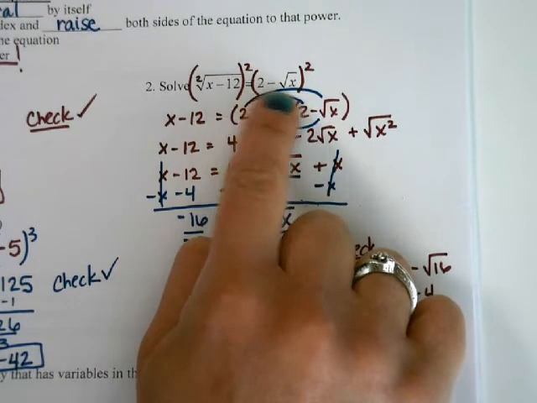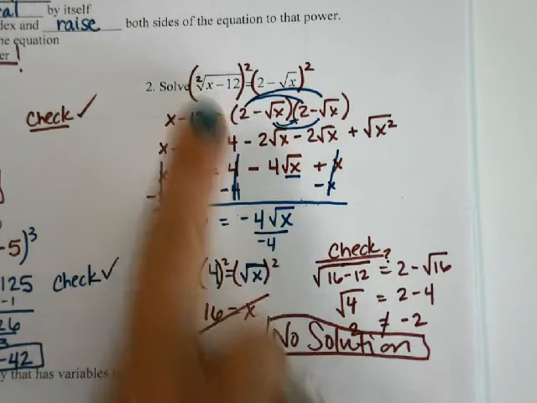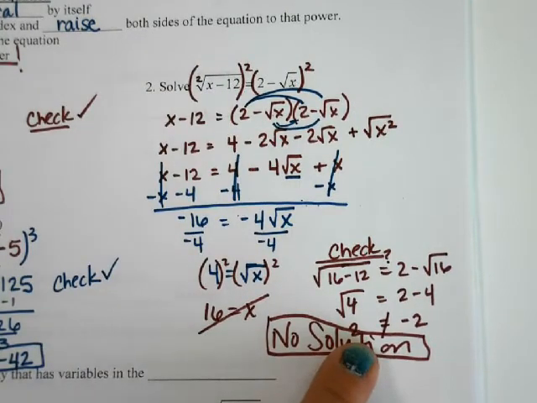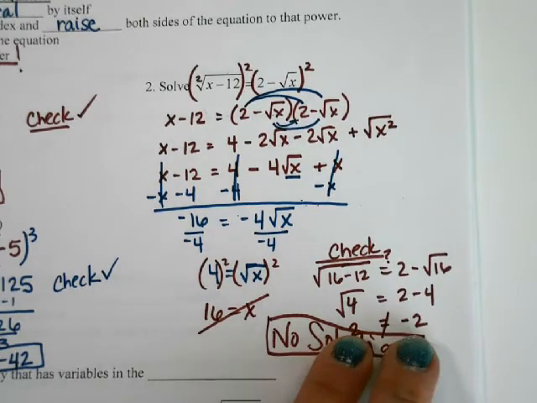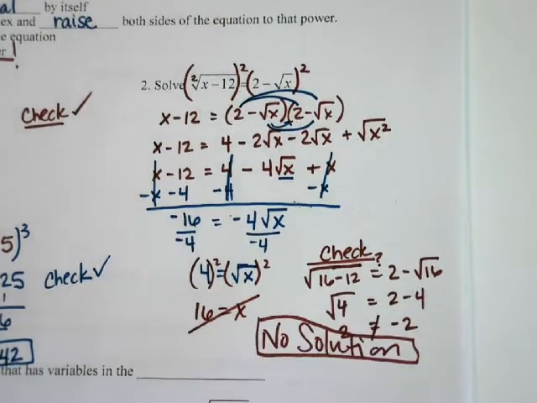So 2 minus 4 gives me a negative 2, though. And when I do it here, I get a positive 2. So when I've simplified it by plugging it back in, it doesn't actually give you the same thing on both sides of the equal sign. Does that help, China? Okay.